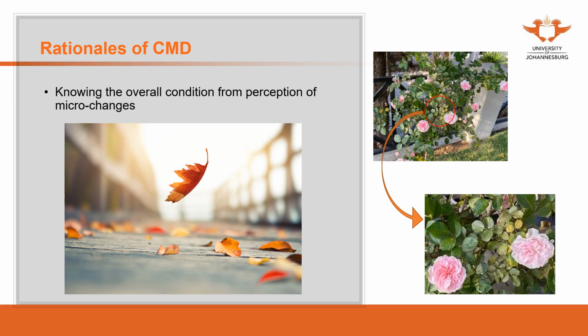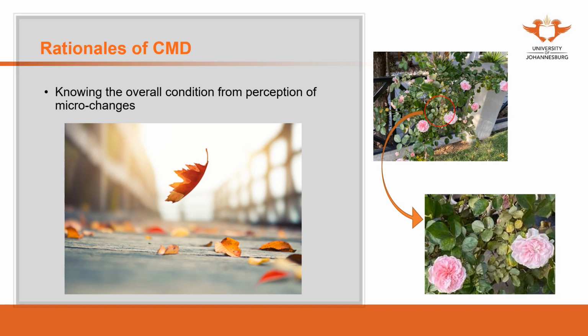You see from the leaves. If the leaves of the tree start to fall, then you will know that autumn is coming. So from very small changes, you can predict the big changes in the environment. From one falling leaf, you will see that the season autumn is coming.